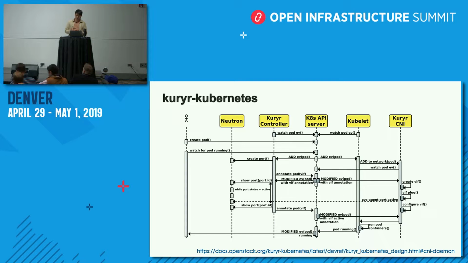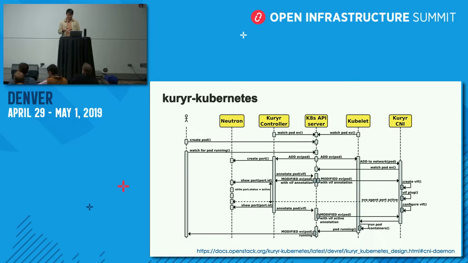On the other hand, Kubernetes, when it gets the pod creation command, will create containers and call Kuryr CNI to actually create the pod's networking. Kuryr CNI will use the information that Kuryr controller injected in Kubernetes to create a network interface and configure it accordingly.